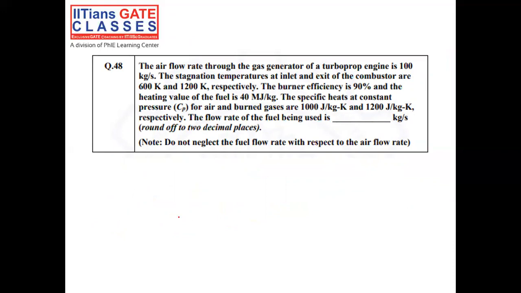Okay, so next question. In a combustion chamber, the mass flow rate of the air is given as ma dot, 100 kg per second. The stagnation temperatures at the inlet and exit of the combustion chamber are given.